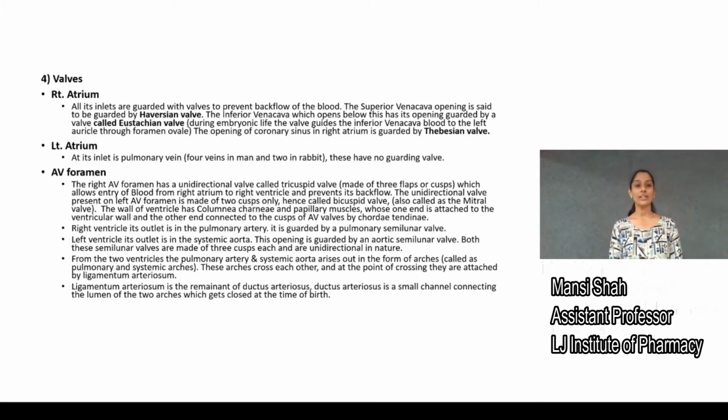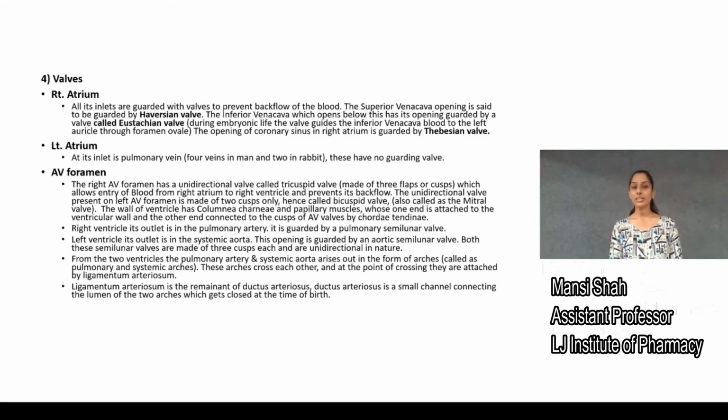This unidirectional valve present on left AV foramen is made up of 2 cups, and hence it is called as bicuspid valve. That is also called as a mitral valve. The wall of ventricle has columnae carneae and papillary muscles, whose one end is attached to the ventricular wall and other end is connected to the cups of AV valves by chordae tendineae.